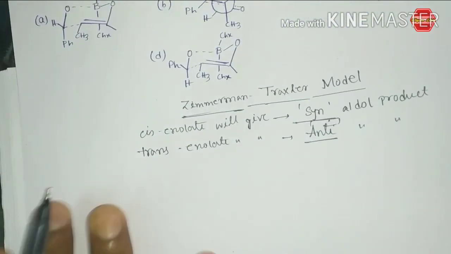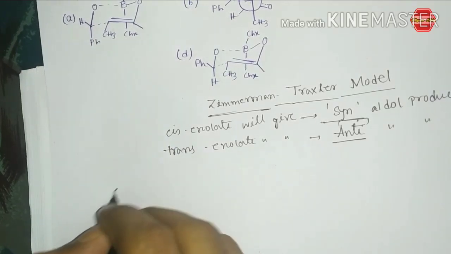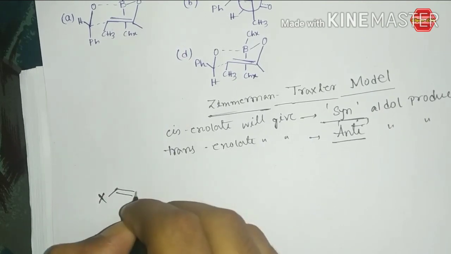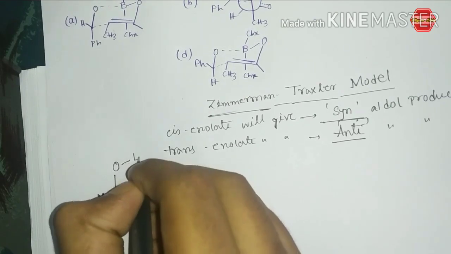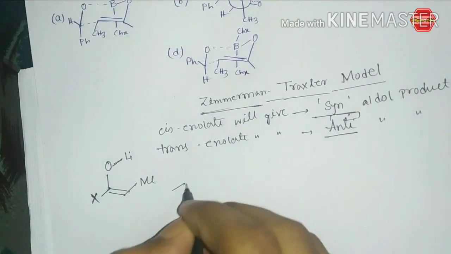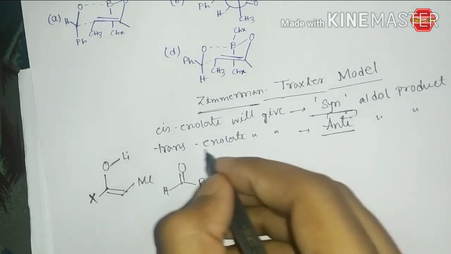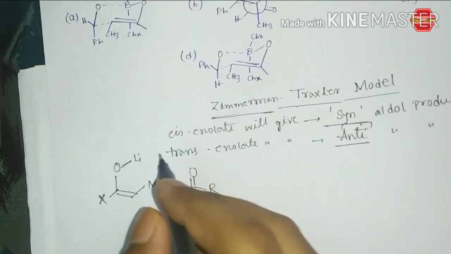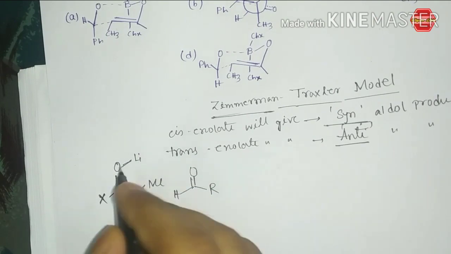Now see, there is a structure like this. I am taking it as an example. I am taking this as an aldehyde and this kind of enolate. And what type of enolate is it? It is cis. Why am I saying it's cis?